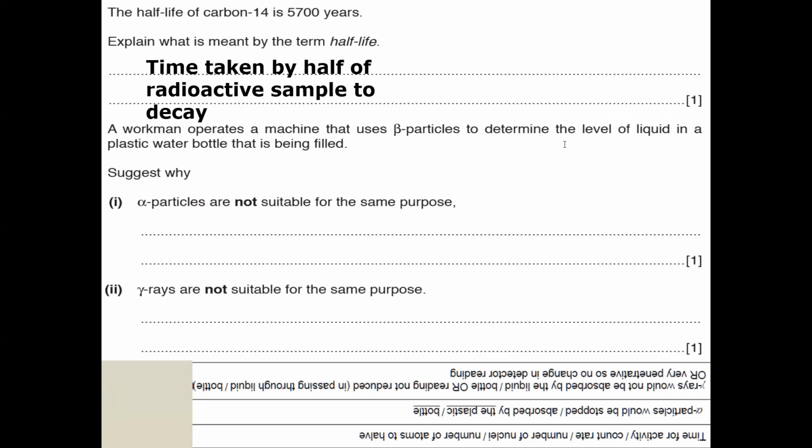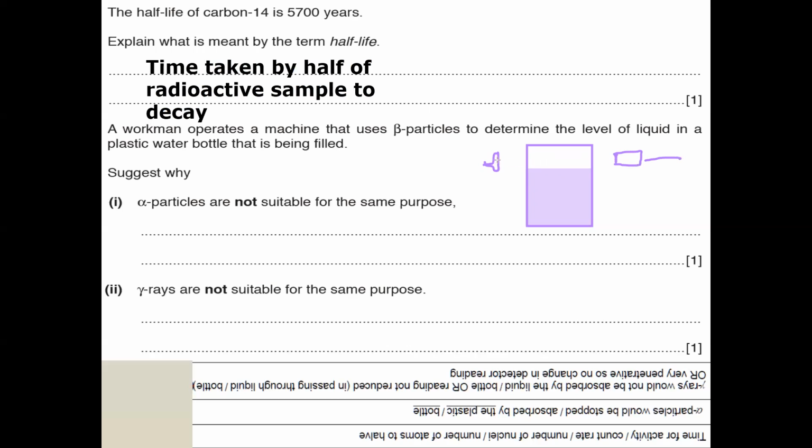Suppose a person is finding the water level by using alpha radiation. For example, a bottle is filled with water, and the person wants to determine the water level. He uses a source on one side and a detector on the other side. Radiation comes out from the source.